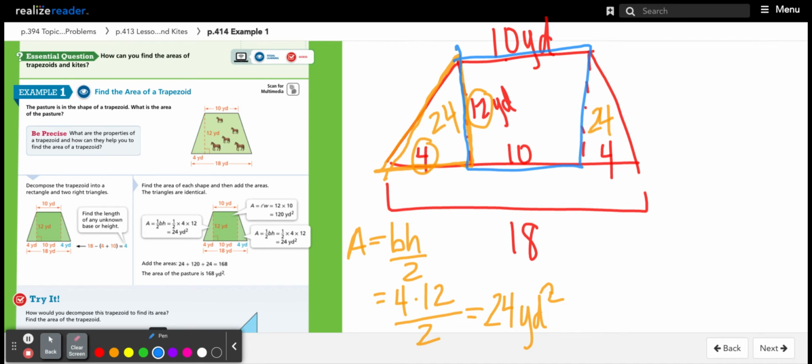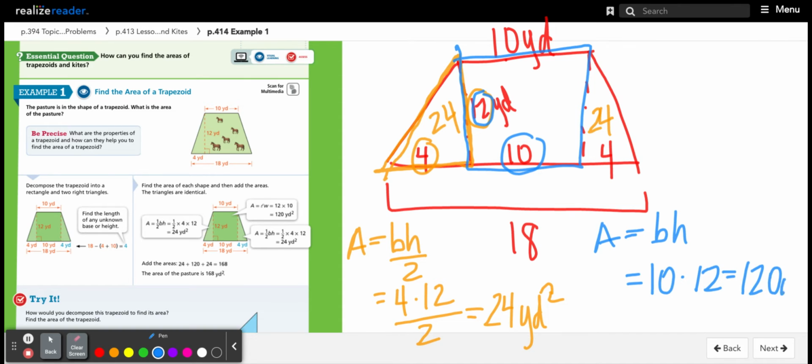Well, I know that my area formula for a rectangle is area equals base times height. So now I plug in what I know. The base is 10. My height is 12. So 10 times 12 will equal 120 yards squared. So my rectangle is 120.